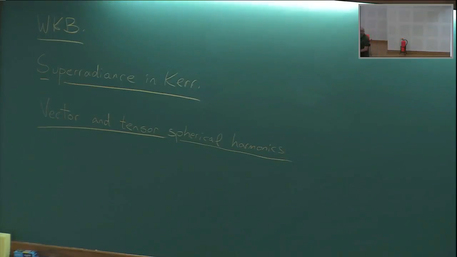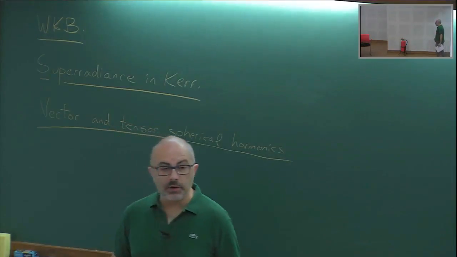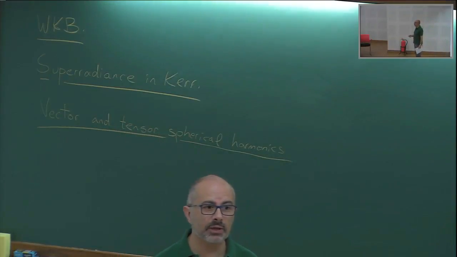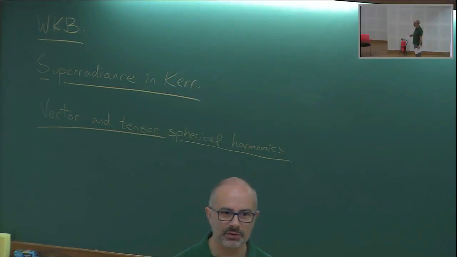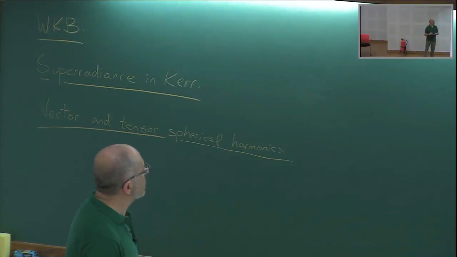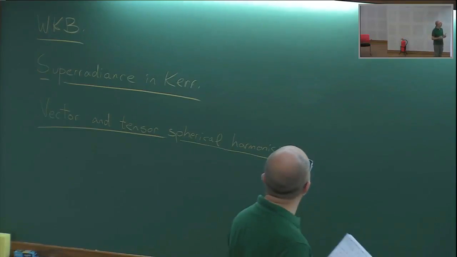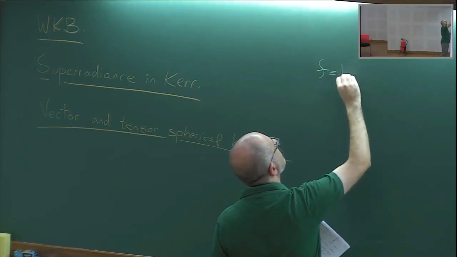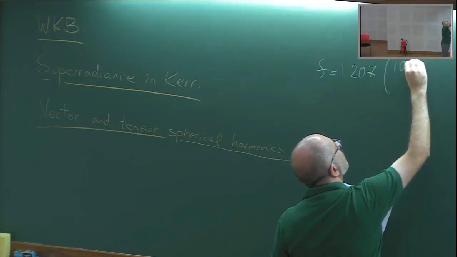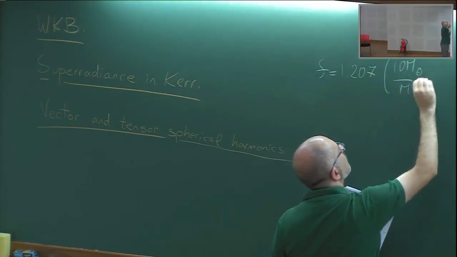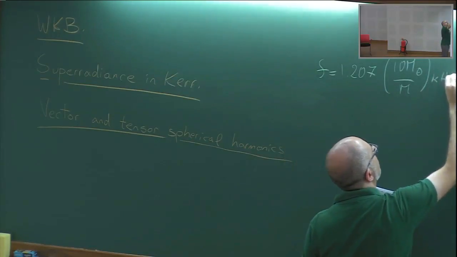So let me remind you also that for the main goal of these lectures, we're interested in gravitational wave detection, and one of the key results that I found yesterday was the frequency and damping time of the dominant quasi-normal mode for Schwarzschild black holes, and I told you that the typical frequency that we're dealing with is something like 12 kilohertz.